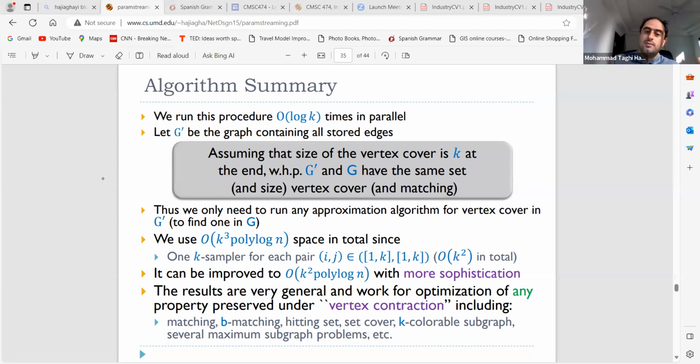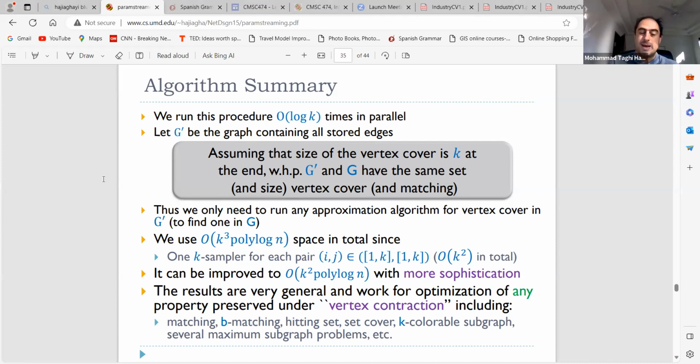Then there is a non-trivial theorem that we can prove. Let G prime be the graph containing all these stored edges. This is log k iterations of the previous one, where between any pairs I keep one edge. Assuming the size of the vertex cover is k, then with high probability, G prime and G have the same set of vertex covers, as well as the matching.